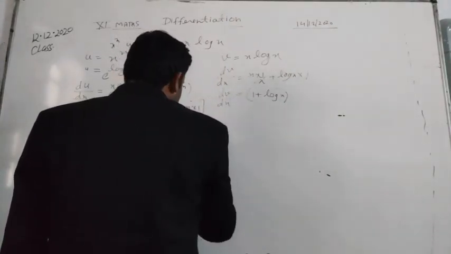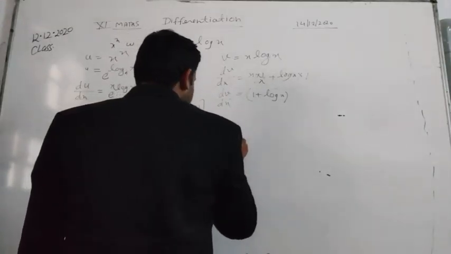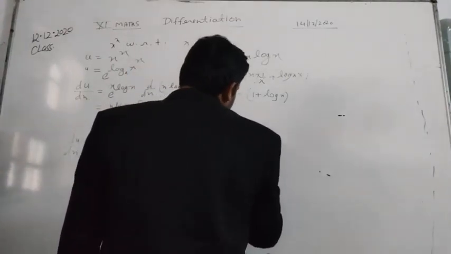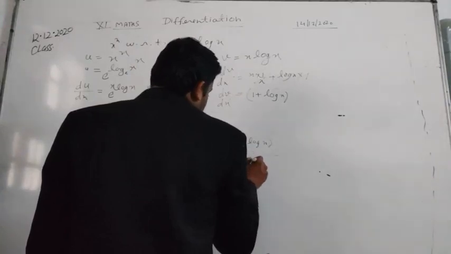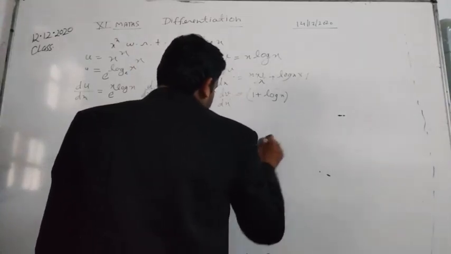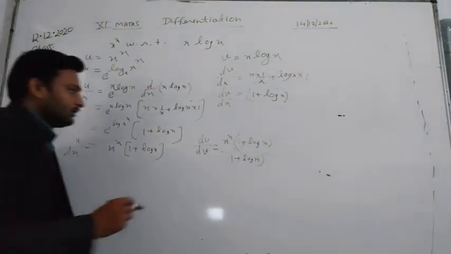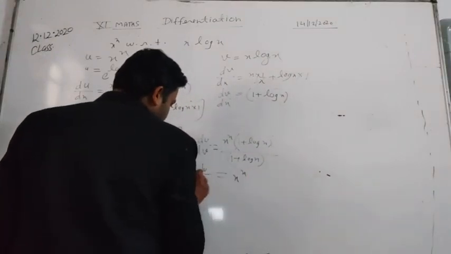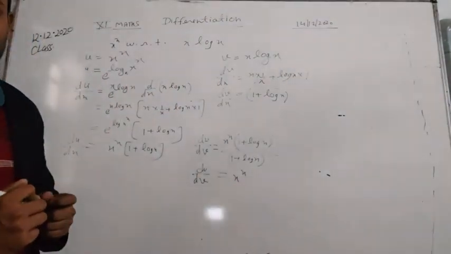Now du by dv is x to the power x times 1 plus log x by 1 plus log x. So this is cancelled and we are getting x to the power x. Okay, so du by dv is x to the power x.